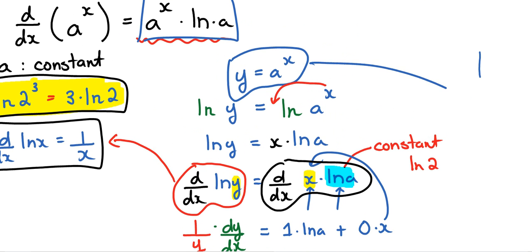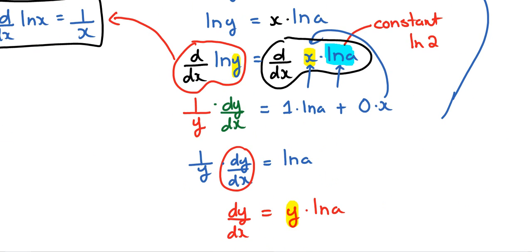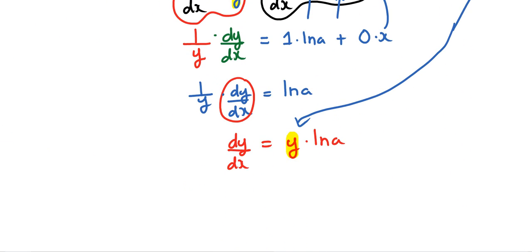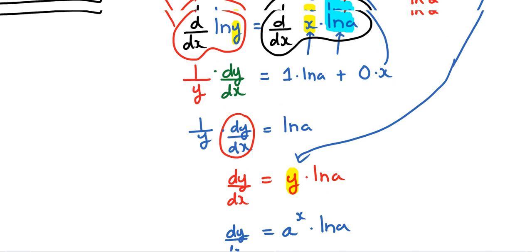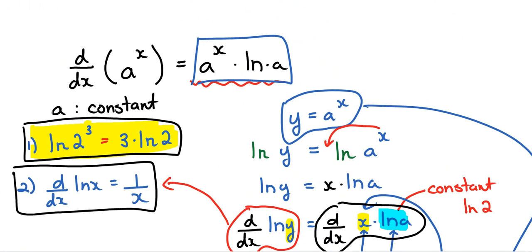So if I plug this back in here, I get dy by dx equals a to the x times ln a. Alright, and that shows you the proof of this statement right there.